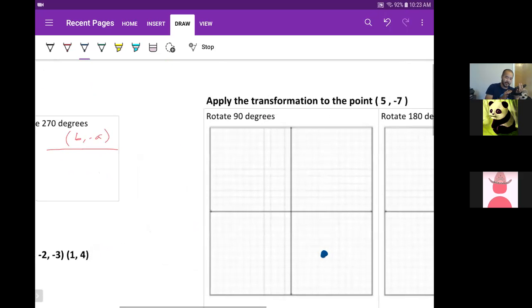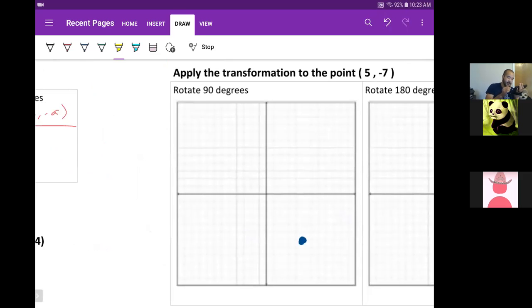So what's happening here is, here's the original point down here. You rotate it 90 degrees. Well, if this were a sheet of paper, I could just rotate it, but it's not going to make a difference if I flip my tablet because it'll just rotate.